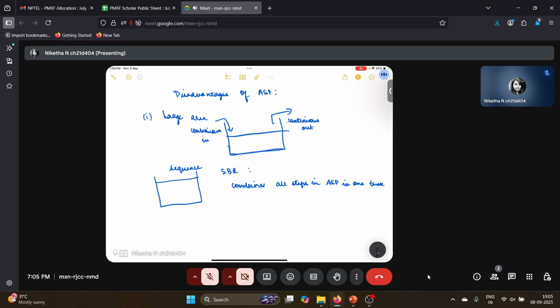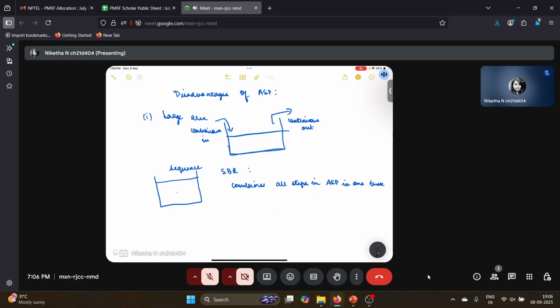That can be eliminated by using a sequential batch reactor, where in the same tank we first have the reaction between microbes and organics, then the mixing will stop, and the sludge will be allowed to settle down. The first part is where your reaction happens, so there will be active mixing. For the second part, the settling, we don't need any mixing, so the mixers will be stopped and the sludge will be allowed to settle.